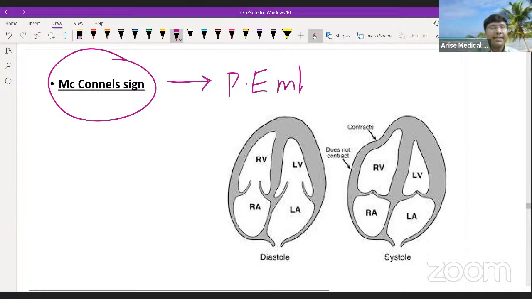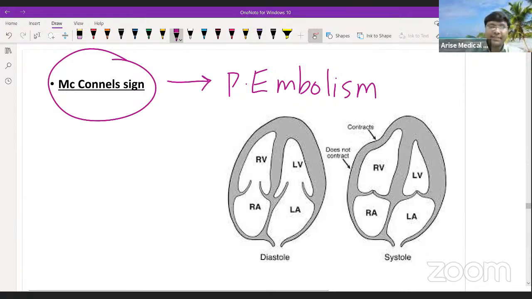Now, the next immediate question is, sir, what is McConnell sign seen in pulmonary embolism? McConnell sign is nothing but the pathology or the problem in the right ventricle.